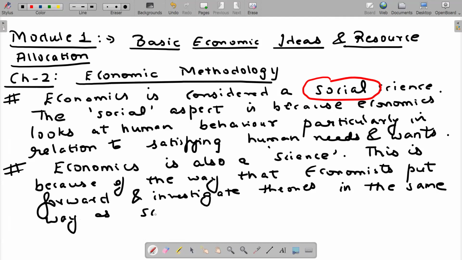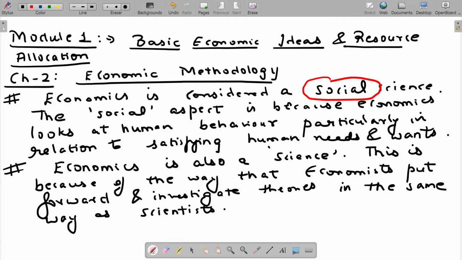Economists are concerned with formulating hypotheses, formulating theories, testing them, and coming up with valid conclusions, like we do in all other sciences, like I said, physics or biology, etc.